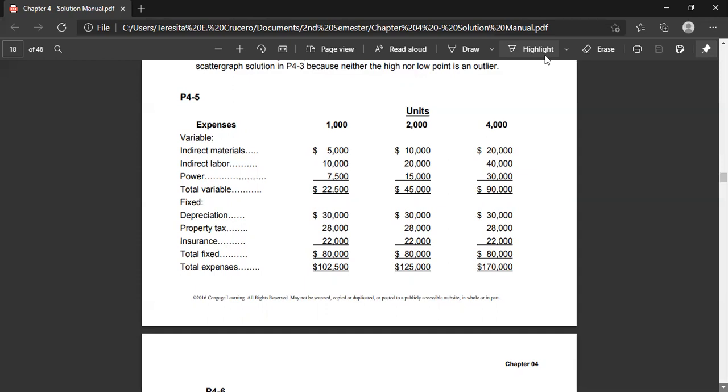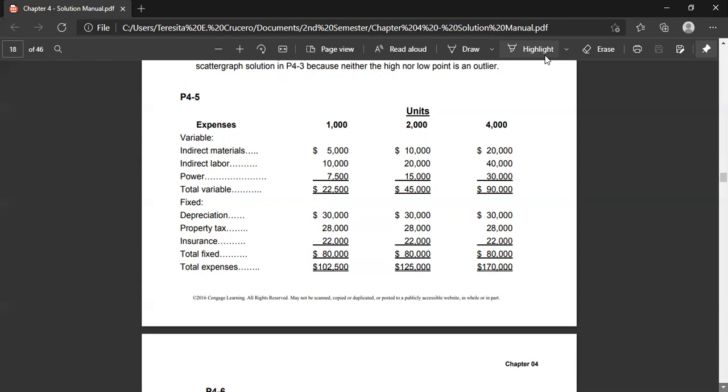Then here, 20,000 divided by 2,000 units equals 10. So 10 multiplied by 1,000 equals 10,000. Here, 10 multiplied by 4,000 is 40,000. And lastly, for power, $15,000 divided by 2,000 equals 7.50.